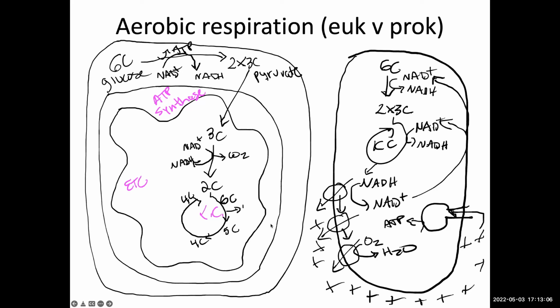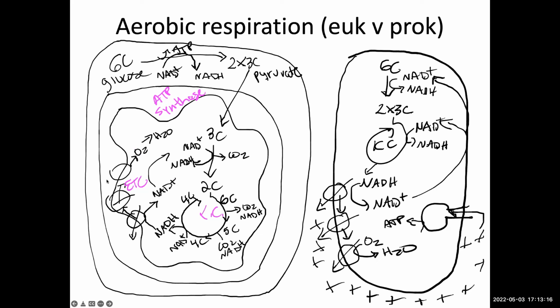And then just like in this cell, the NADH is dropping its electrons off at the membrane. And those electrons go through the electron transport chain. Their energy is used to pump protons into the intermembrane space. The protons end up on oxygen producing water. The protons come back through ATP synthase producing ATP.